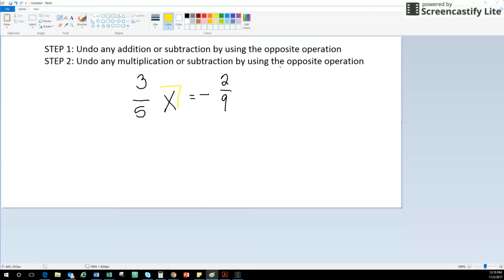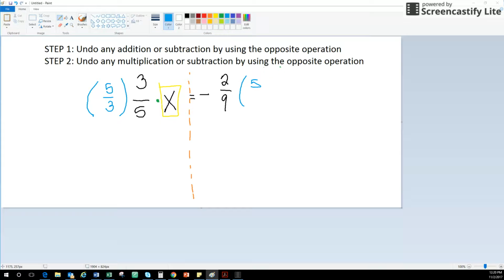So again, we think x staying the same. We're not going to touch it. Draw the dotted line through. Now this is multiplication. So to undo multiplication, I would divide, but I never divide by a fraction. Instead, I'm going to multiply both sides by the reciprocal of the fraction.